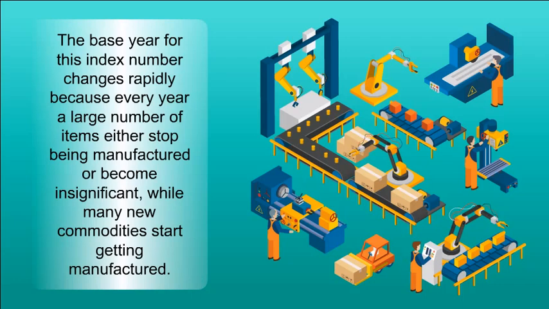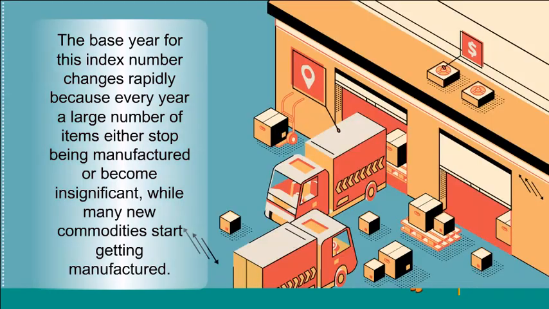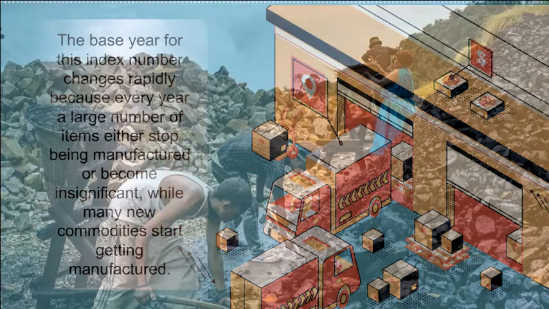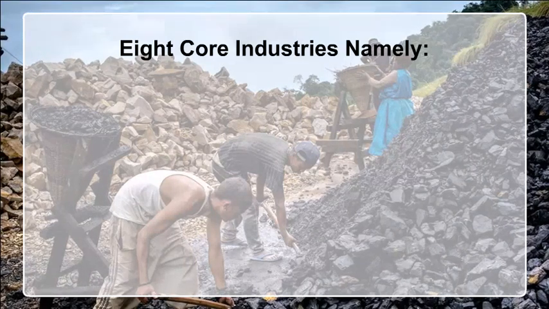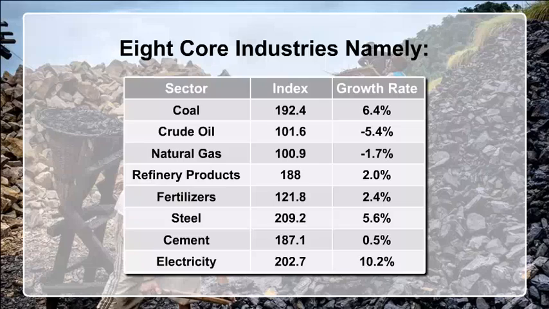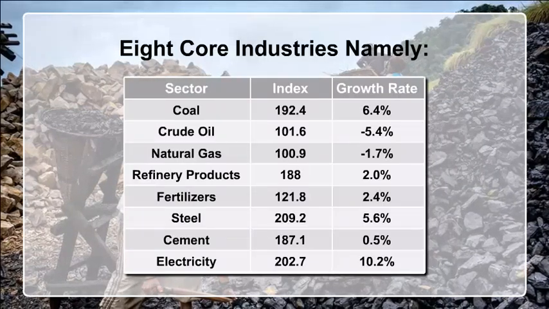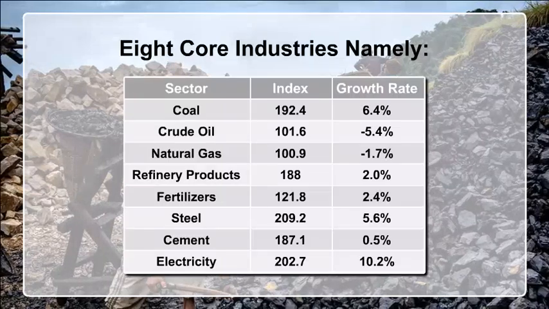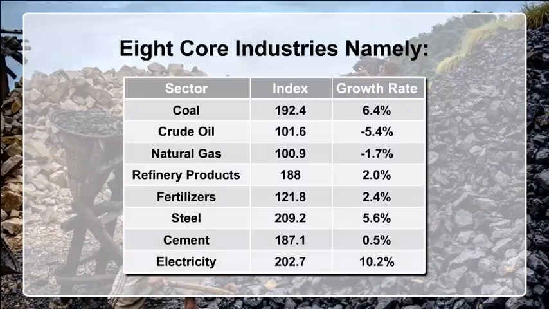The base year for this index number changes rapidly because every year a large number of items either stop being manufactured or become insignificant, while many new commodities start getting manufactured. Core industries, namely coal, crude oil, natural gas, refinery products, fertilizers, steel, cement, and electricity, are the main branches of IIP.